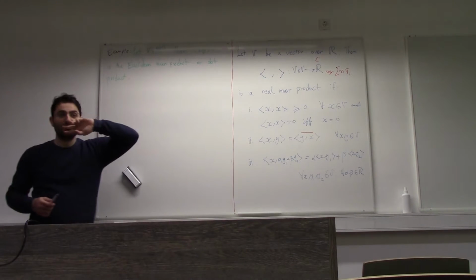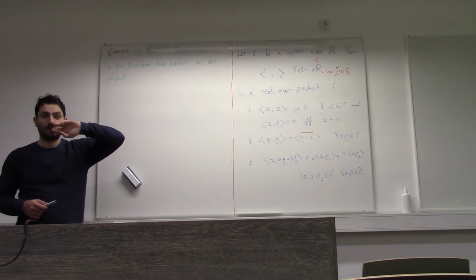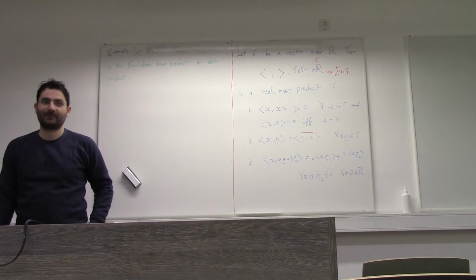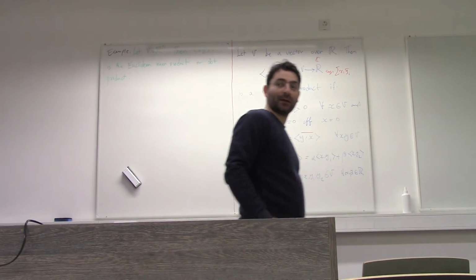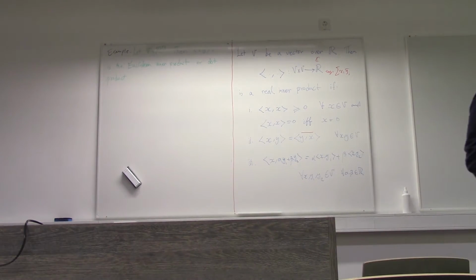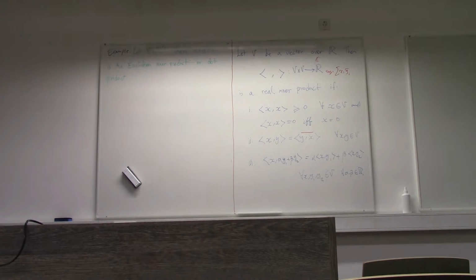X and y, what is it? How can I calculate it? We have used the sum of element-wise multiplication.